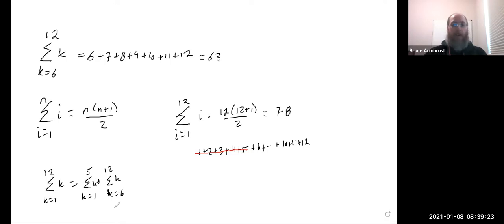Because we're still catching all the same numbers. We've just split it anywhere we want. So this is totally legal. It doesn't matter where your sum is. You can split it anywhere you want. So basically what we need to do is subtract those off.